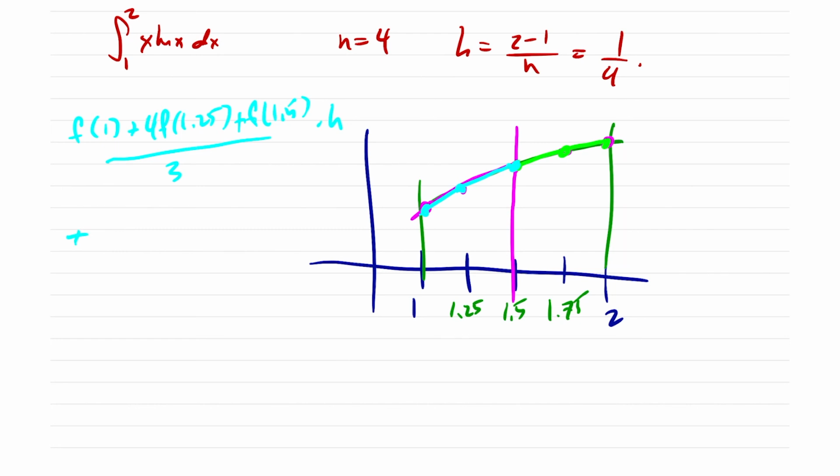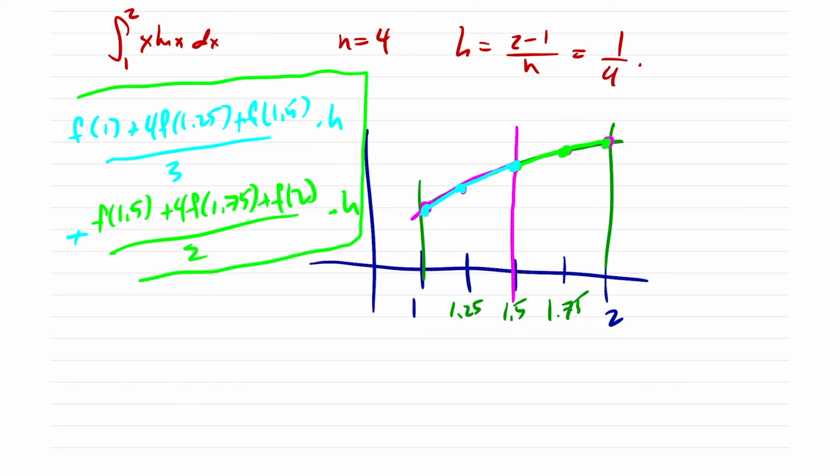For the other piece, in green, we have f(1.5) plus 4 times f(1.75) plus f(2), all divided by 3, times h. Go ahead and work that out with a hand calculator, and that'll give you your answer.